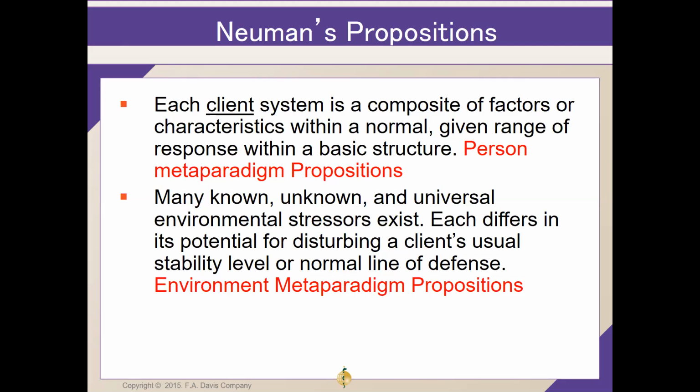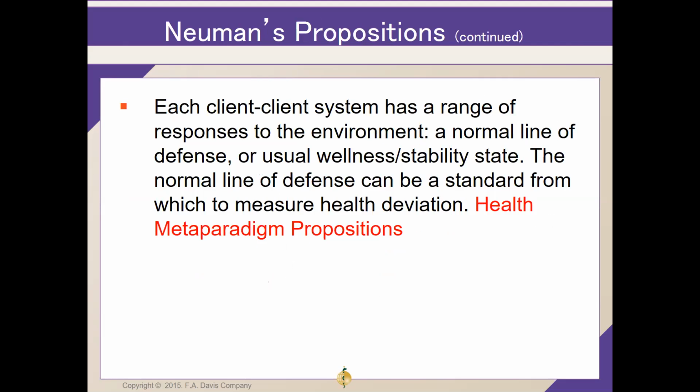This model basically accepts that there are many differences in people's experiences with the environment. I want to remind you that a proposition is a relationship between the 4 metaparadigms. So in this case, she says the client system has a range of responses to the environment, and that results in health if defense can be protected and prevent health deviations.